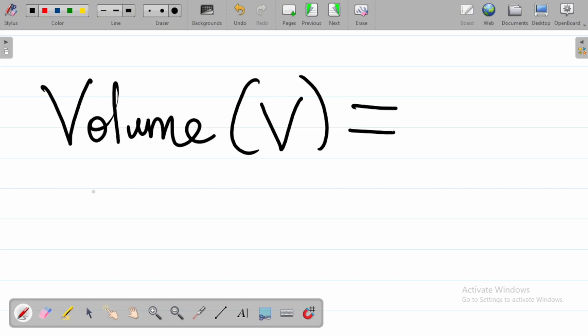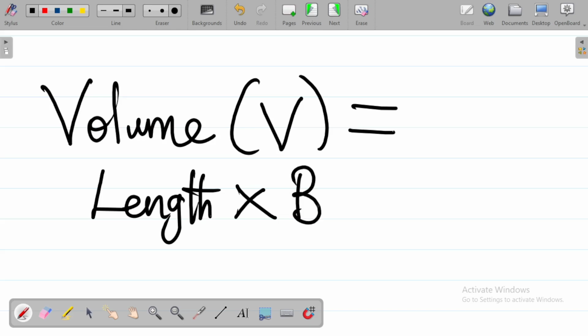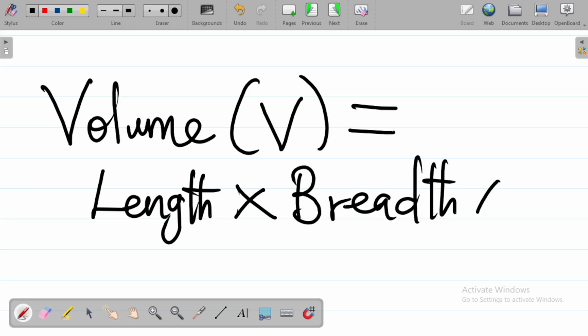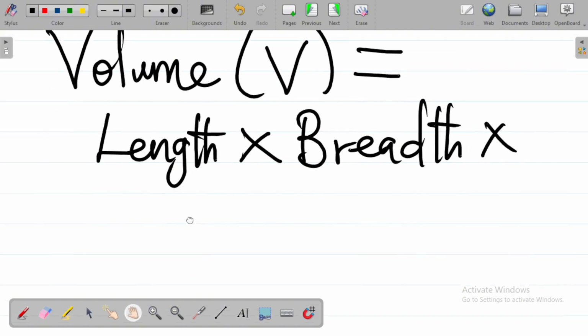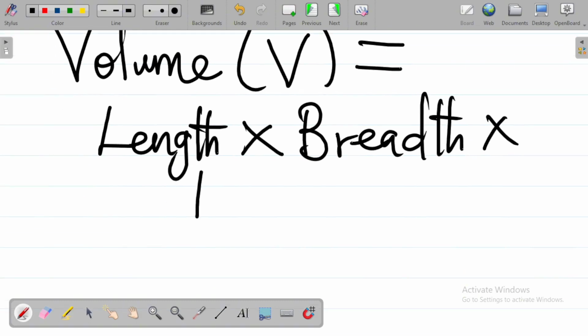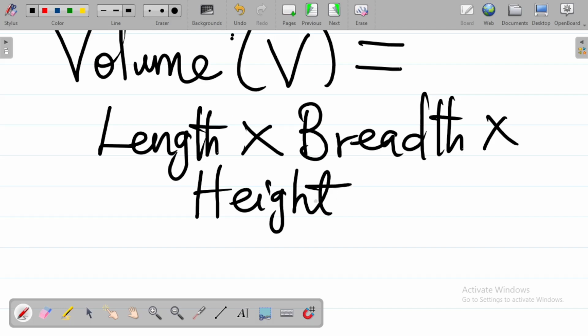So volume is equal to length times breadth times height.